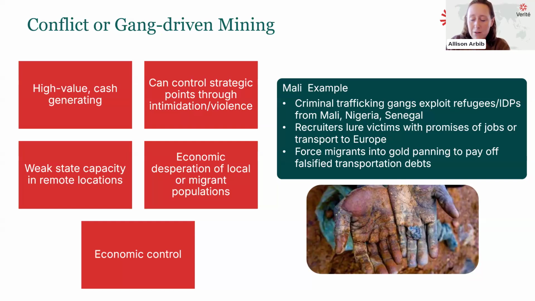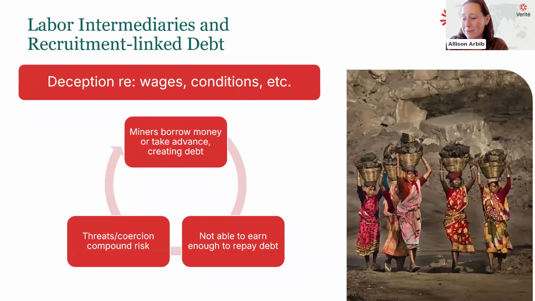All right, and for our final theme example, and this I think is something that, as you have noticed, has come up repeatedly, this theme of labor intermediaries and recruitment-linked debt in mining. The same dynamics that we've talked about in India and other places: miners borrow money or they take advances from intermediaries.